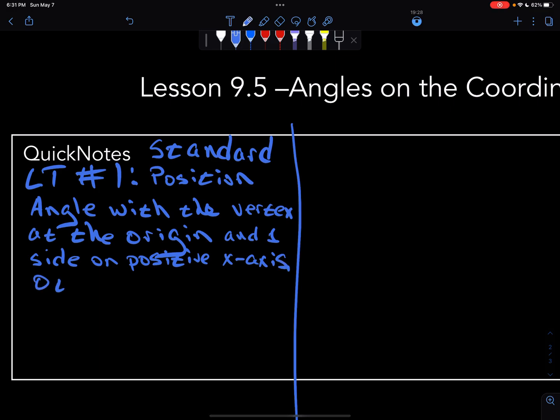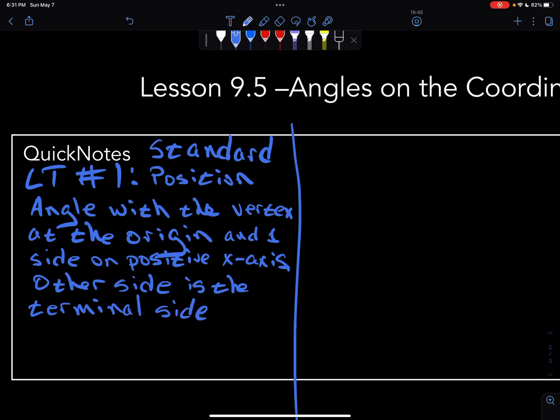Other side is the terminal side. Counterclockwise is a positive angle. Clockwise is a negative angle.